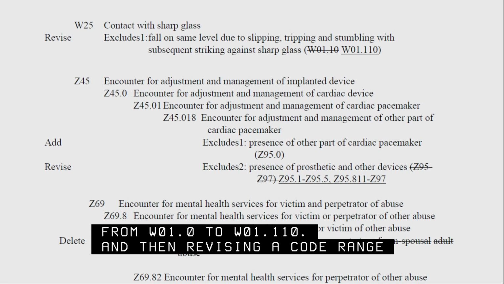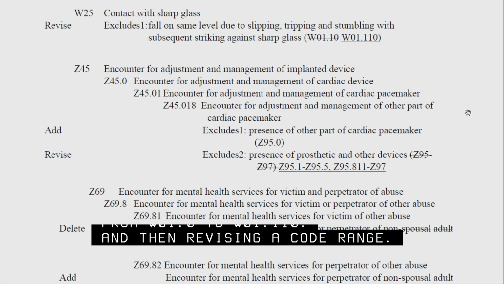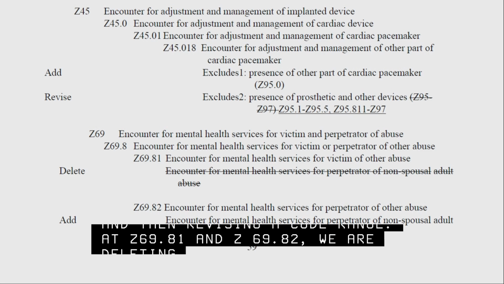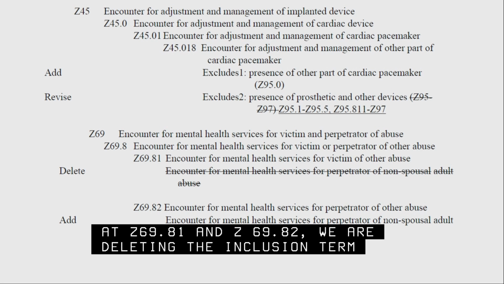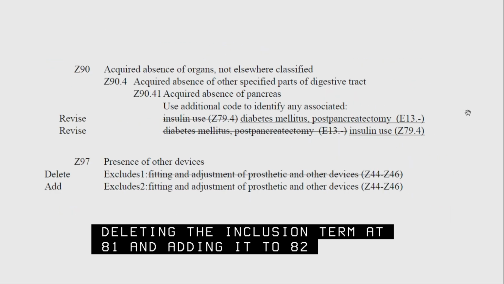At Z69.81 and 82, we're deleting the inclusion term at 81 and adding it to 82. And at Z90.41, we're just correcting the alpha order there.